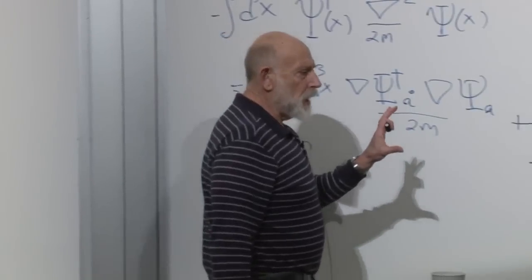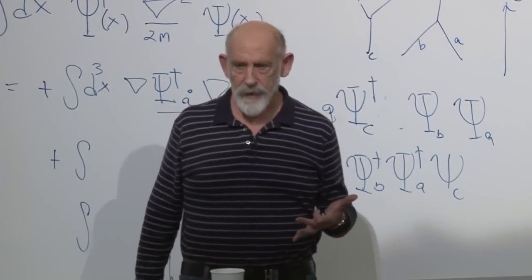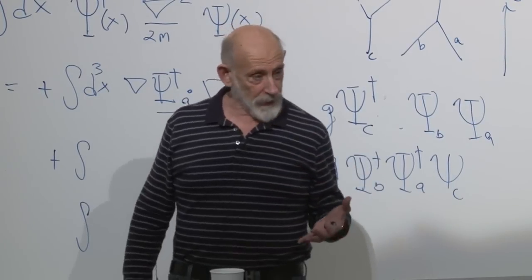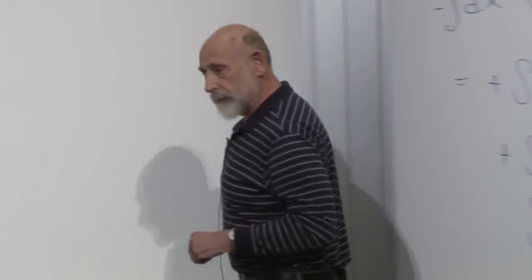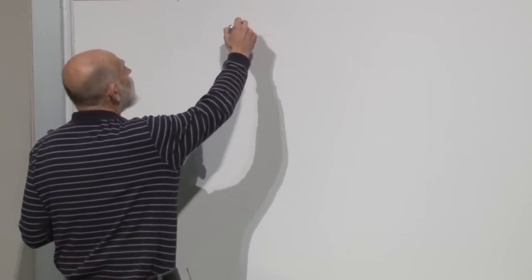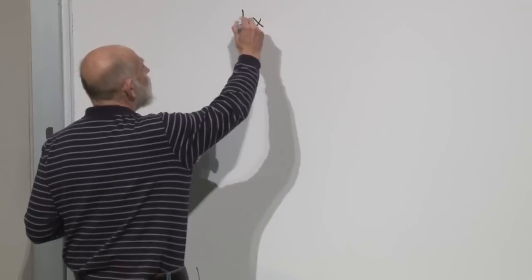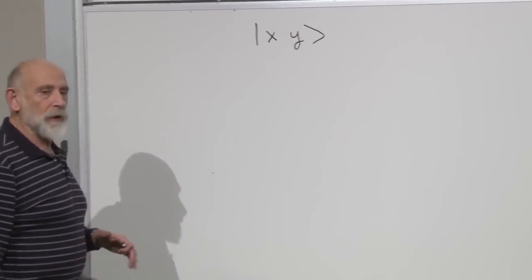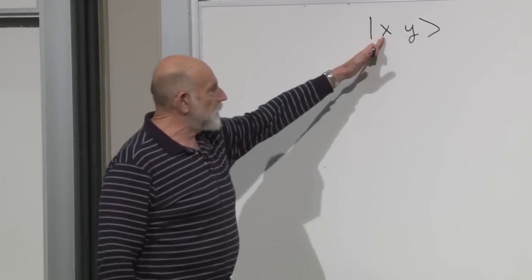Supposing we have two particles and we want to say that when we interchange them, the wave function or the state vector should change sign. So let's think about what that would mean for these operators that we're constructing. A particle at x and another particle at y. Particle 1 now stands for which slot?